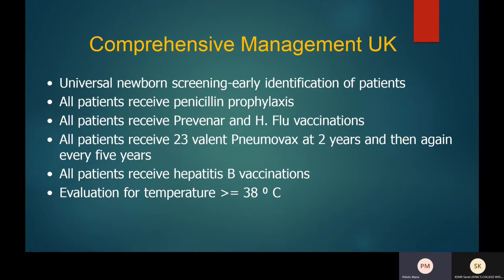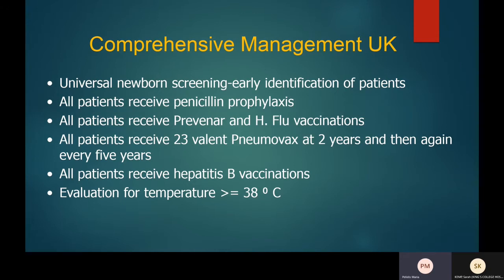We have very good vaccinations. All people in the UK, children in the UK, receive Prevnar and H-flu vaccinations. We also give our children the 23-valent pneumococcal vaccination at 2 years and then every 5 years. And all children are receiving hepatitis B vaccinations.